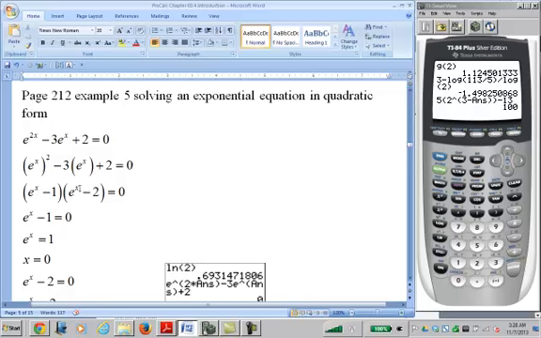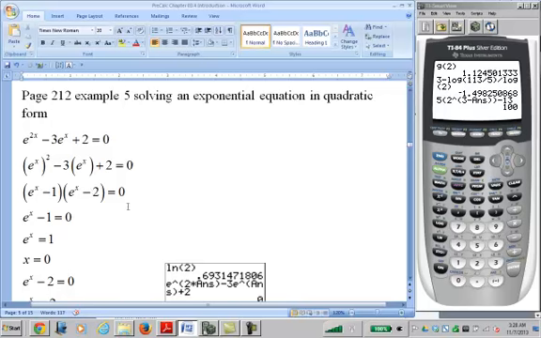We'll have e to the x squared, which is what e to the x times e to the x is going to equal, e to the x plus x, e to the 2x, or e to the x squared, minus e to the x minus 1 e to the x minus 2 e to the x gives you minus 3 e to the x, and then negative 1 times negative 2 equals plus 2.